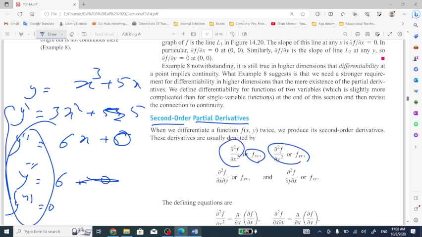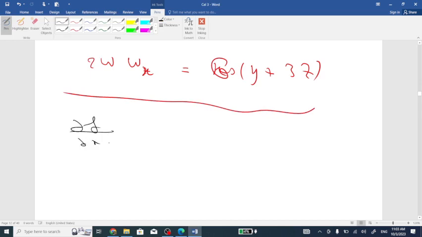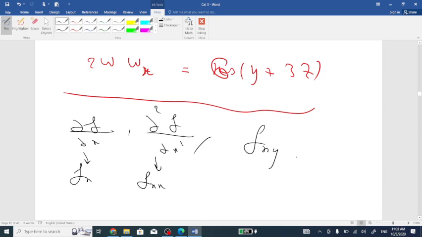And instead of writing partial f by partial x, now we have partial f by partial x for the second time. Instead of fx, we have f sub double x. You got it? So when I have, for example, fxy, we have a derivative by y and x. Which derivative? Partial derivative.